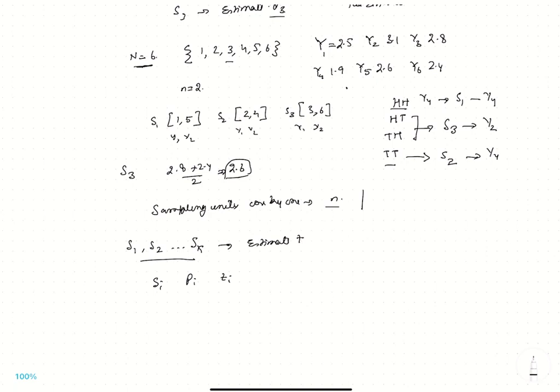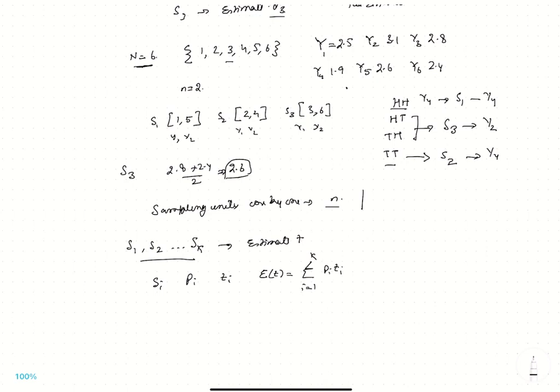Then the expected value of T will be given by the sum from i equal to 1 up to k of Pi Ti.